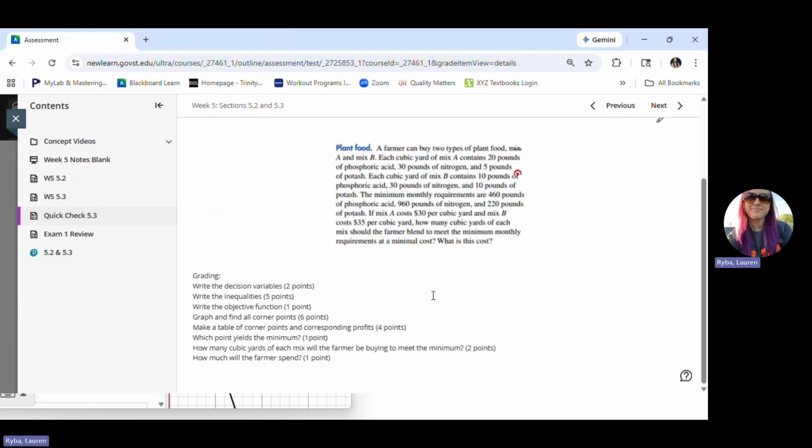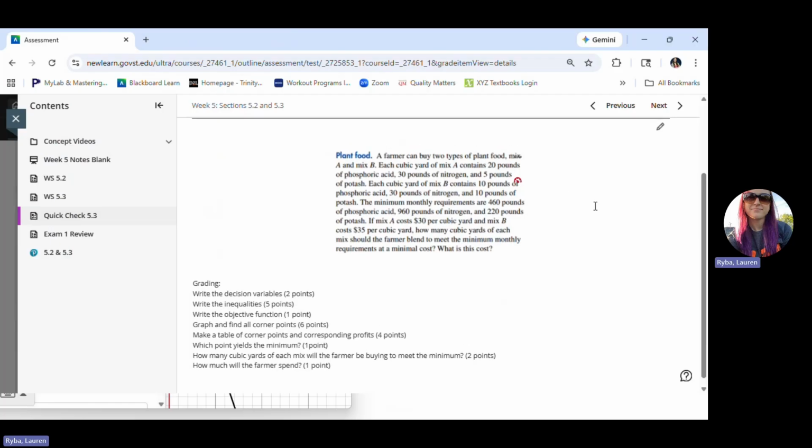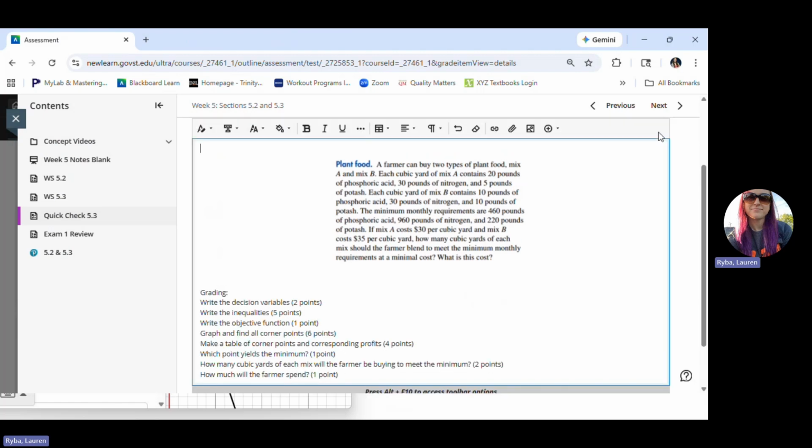Sorry, that should say cost, not profit. Which one gives us the minimum cost? How many yards of each mix will the farmer be buying? And how much will the farmer then spend? So lots of pieces in there, corresponding costs.